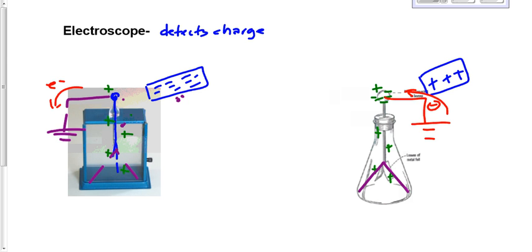This whole thing is going to become negative now, because we're getting a bunch of extra negatives in there from the ground, or from whatever you touched it with, it's like the ground. Leaves spread apart, but not because they're positive, but now because they're negative. If I cut that ground wire or remove the ground, it's going to stay that way for a while, because there's no way for the electrons to go back where they came from.